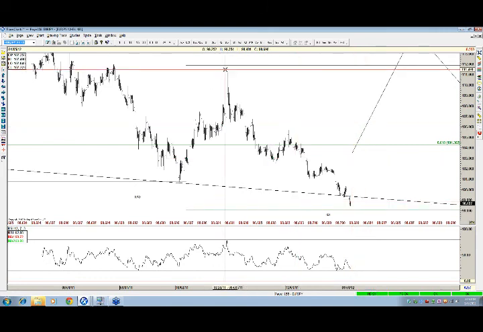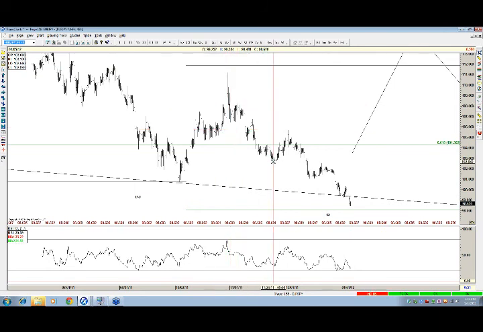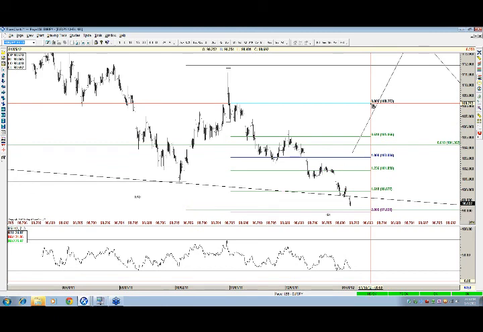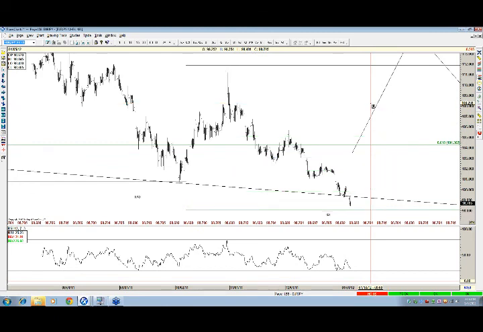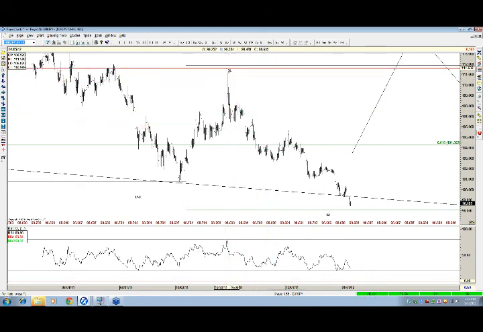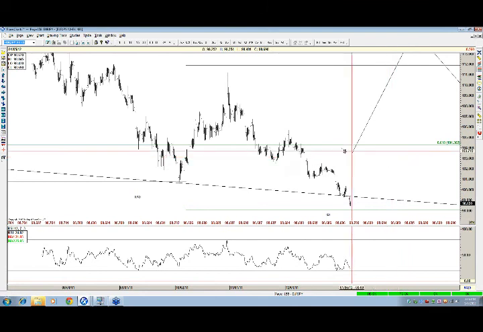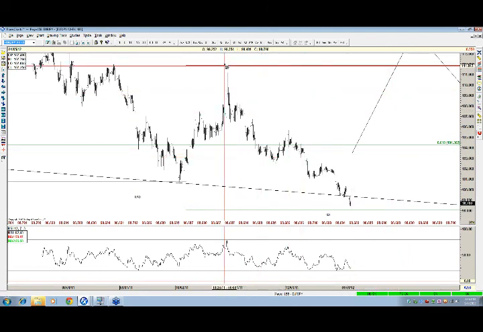When you have most likely A, B, C, look, 1, 2, 3, 4, 5. When the low right there is at C equal 1, then you have a retracement not even to the 50%. Or the other one, I don't remember.